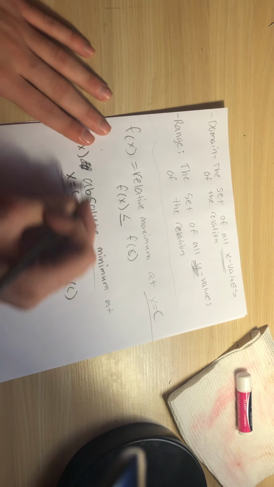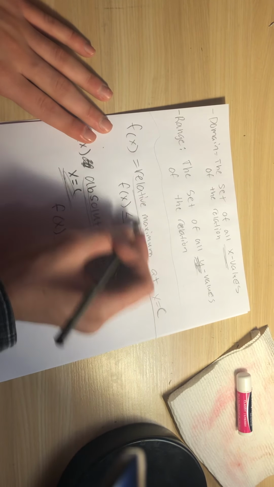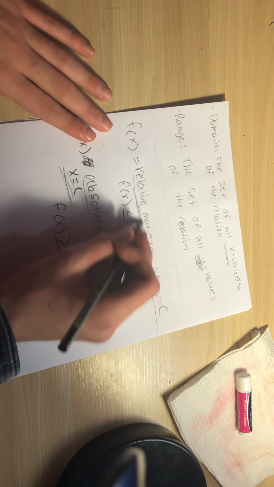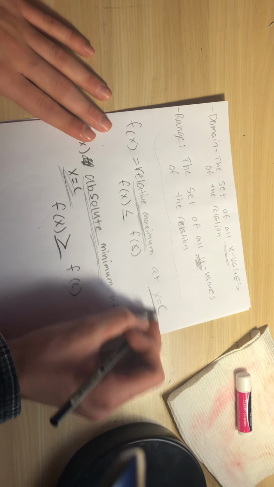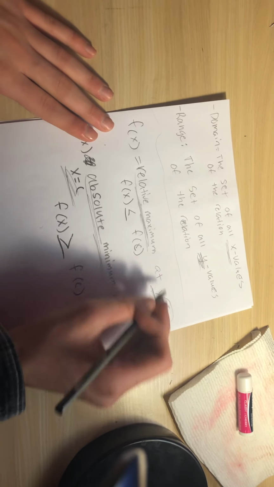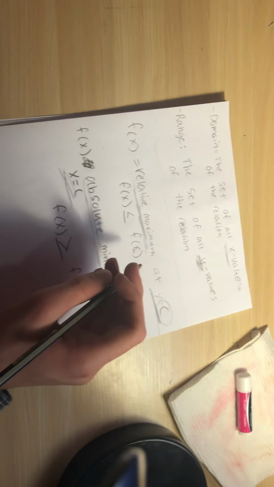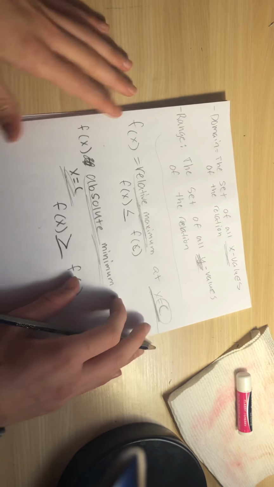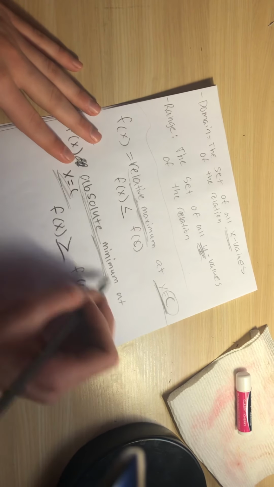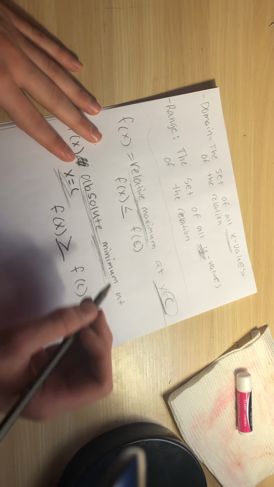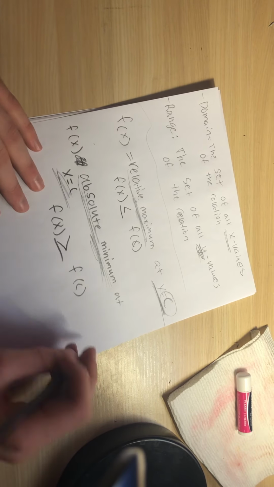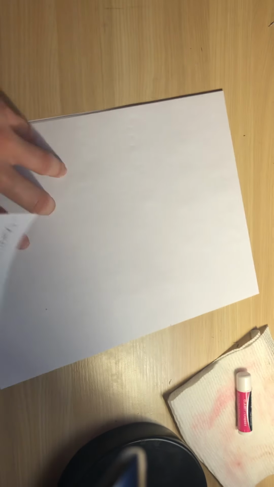So that's sort of what absolute minimum and relative maximum mean. If it has a relative maximum at x equals c, that means f of c is greater than or equal to f of x. And if it's an absolute minimum, then f of x is greater than or equal to f of c. Does that make sense?